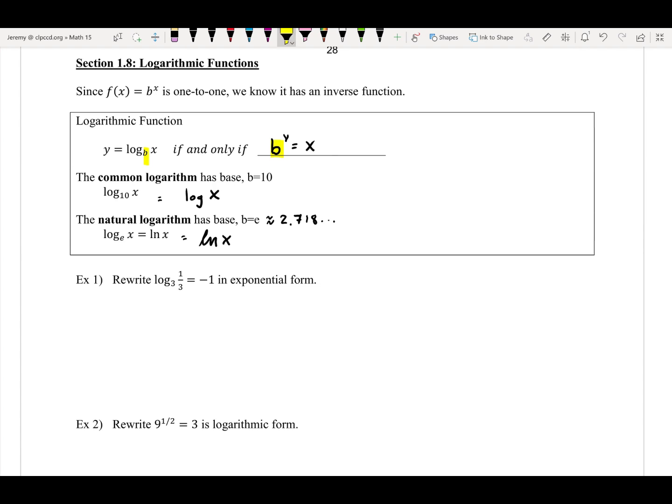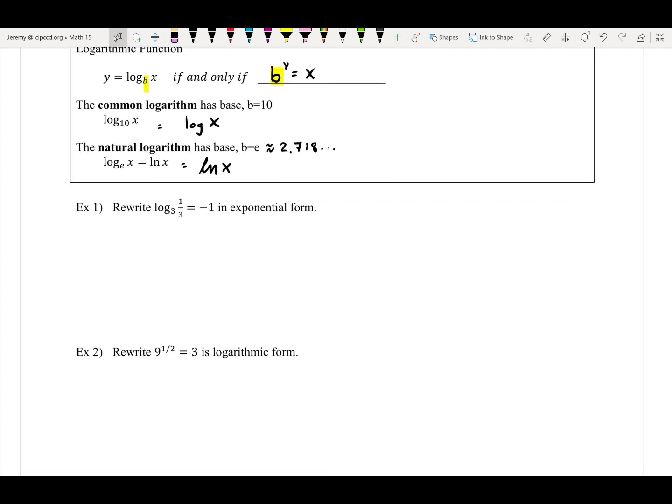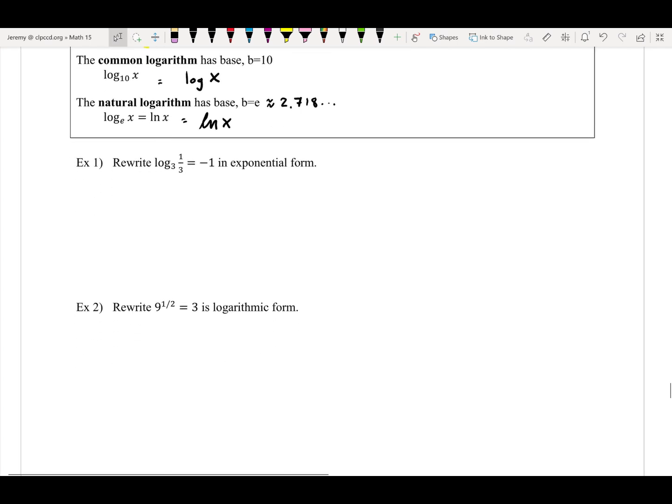So like we mentioned in the last section, e is a very special number. We have buttons on the calculator which are reserved for the exponential function e to the x, and also the logarithmic function, the natural log of x. So you'll see a button on your calculator which actually has ln of x on it. And that's what that means. Okay, so we'll deal with both of those functions a little bit later.